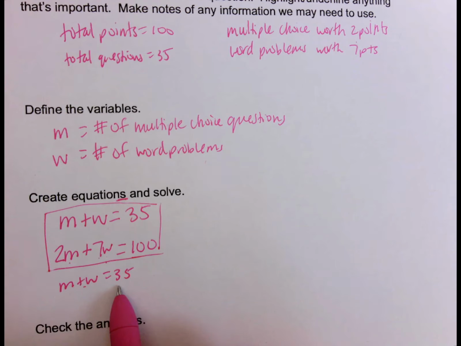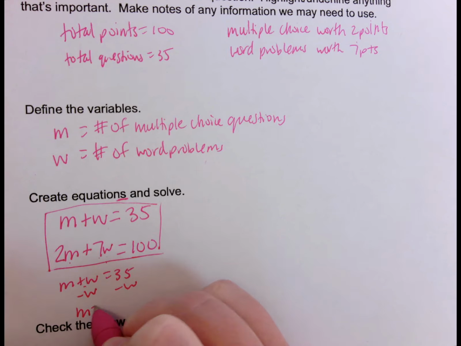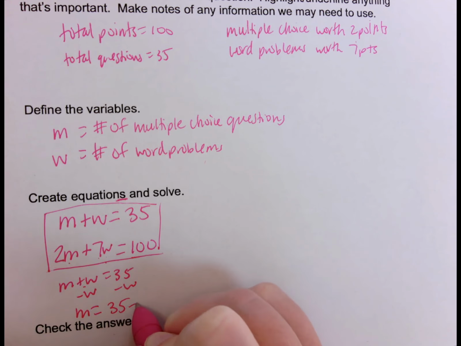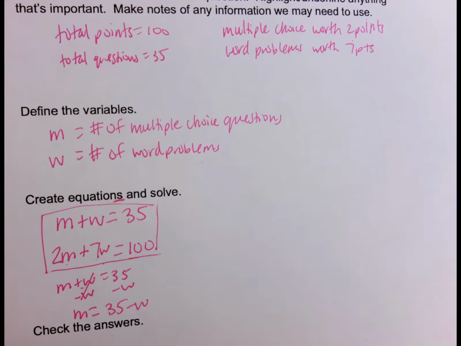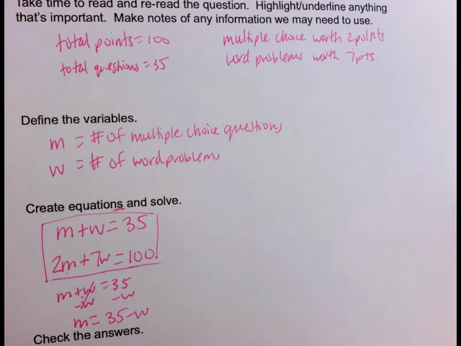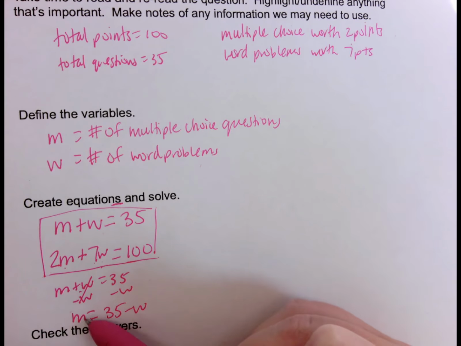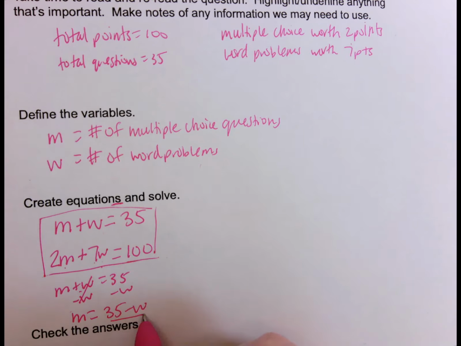I'm going to take the first one and get one of these variables by itself. So I'm going to get M is equal to 35 minus W. I'm just going to subtract that W over there. So now I know that M is equal to some value that's the same as 35 minus the number of word problems. And so that is enough information that I can substitute that into the problem and solve.